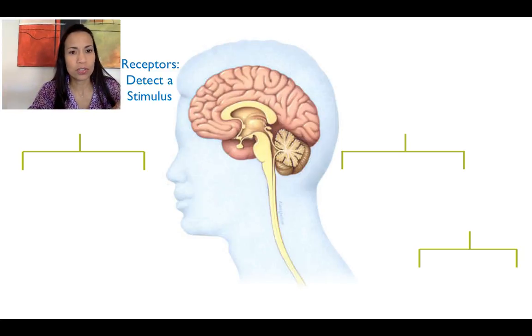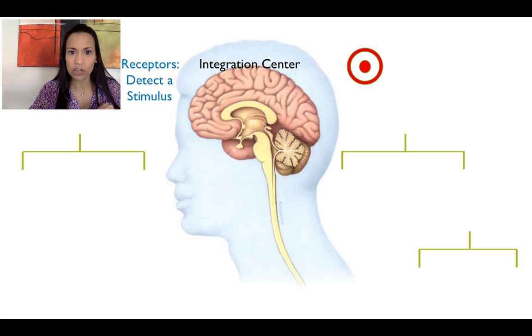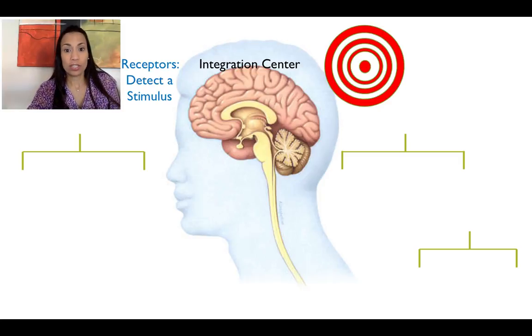Just to review, remember we have receptors. They detect the stimulus and send it to an integration center, which is the central nervous system. It processes and originates a response to that stimulus.